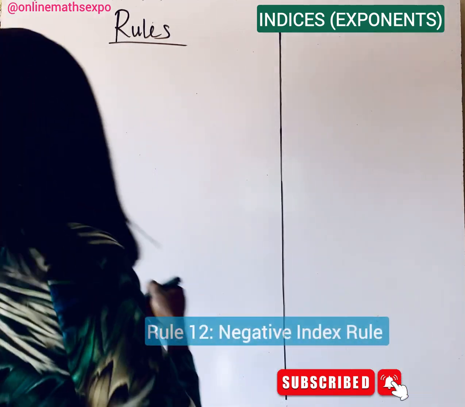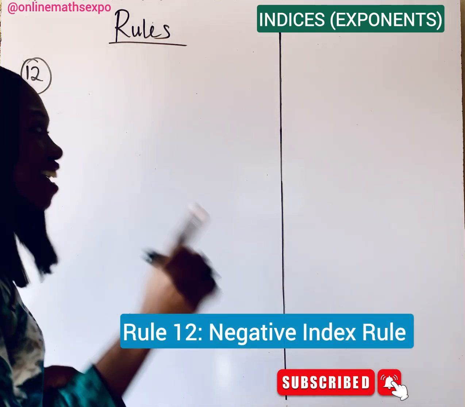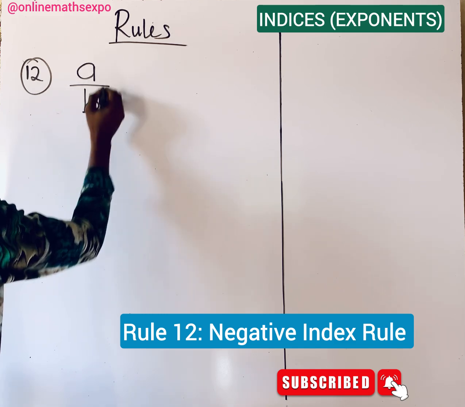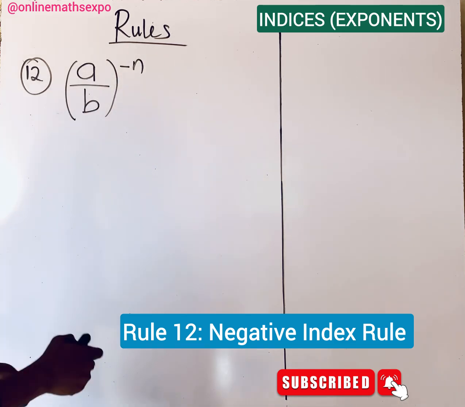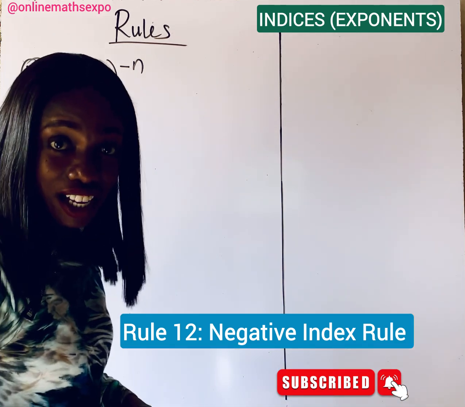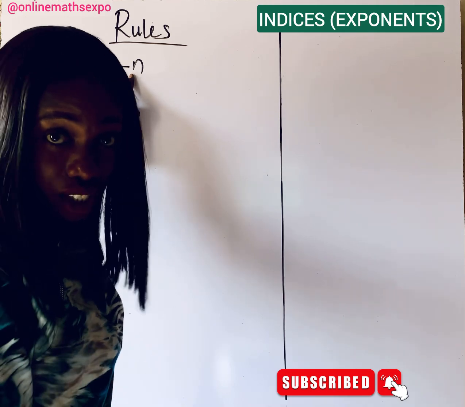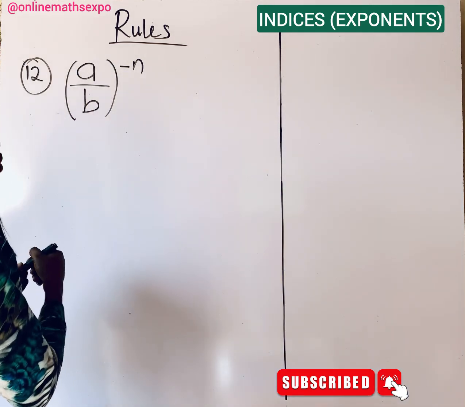Now, rule number 12. What does this rule say? It says that if you have a fraction like this, and this fraction is raised to the power of a negative power, this rule is still on the negative index we just treated in rule number 11. So when you have something like this, what do you do?